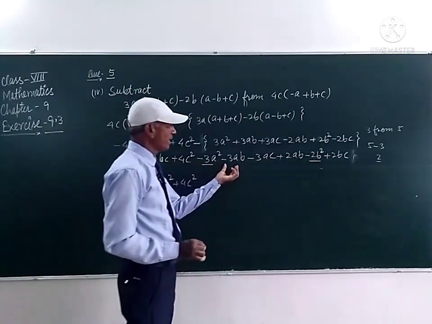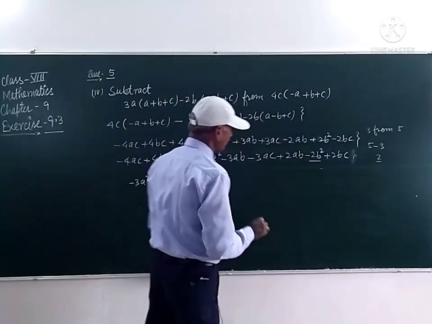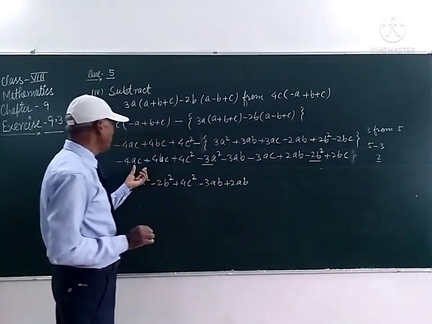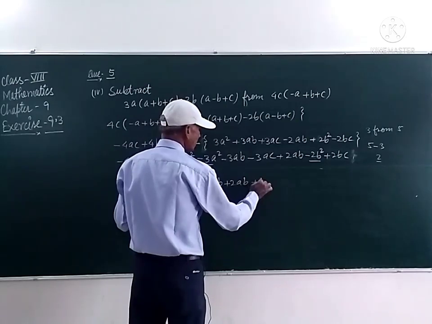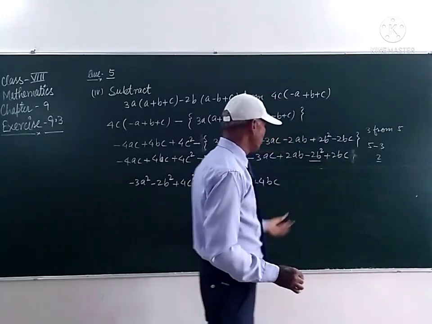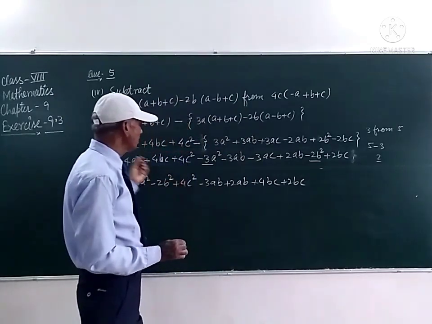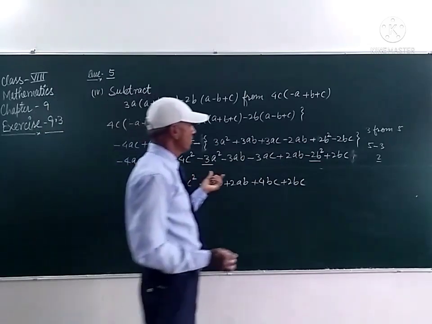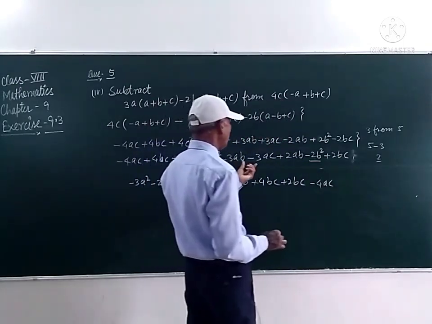Again student, this one minus 3ab, and this one plus 2ab, and bc student, that is 4bc, and here plus 2bc, and in this student minus 4ac, and this one minus 3ac.